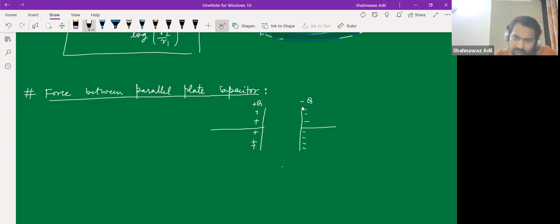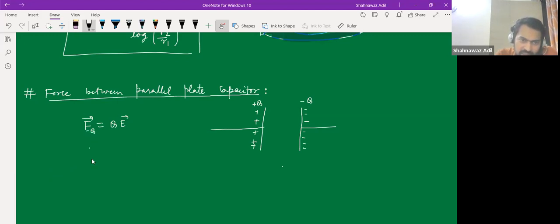So force we already know. This is Q into E, correct? So we are calculating force on minus Q charge.